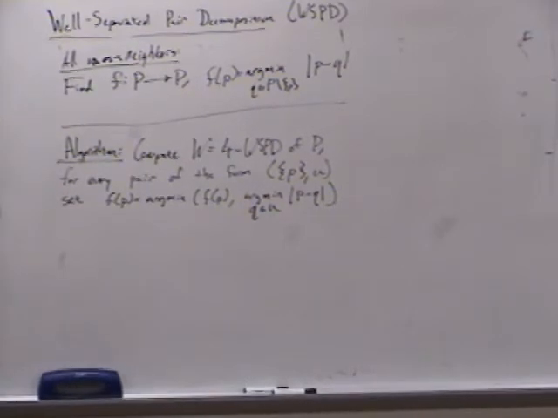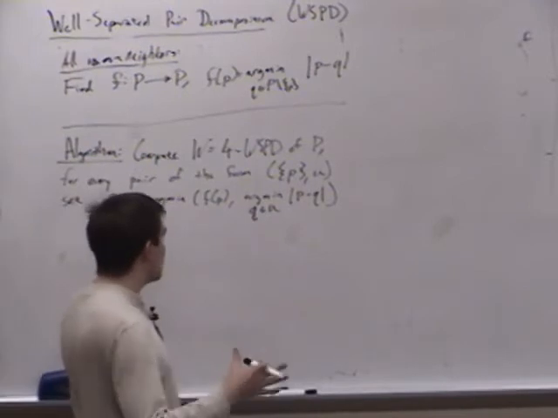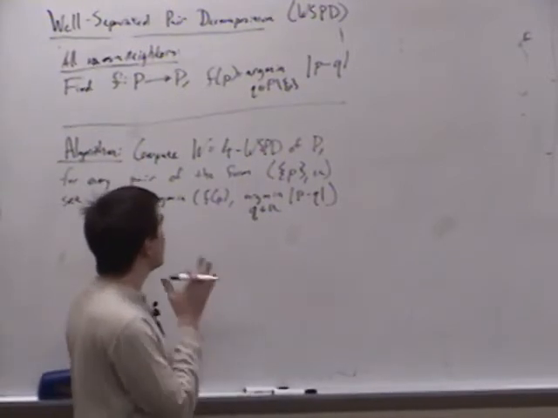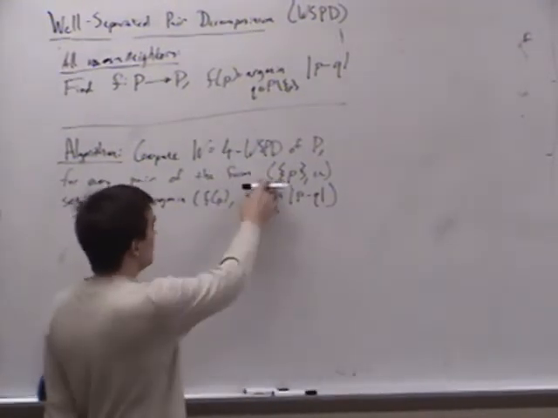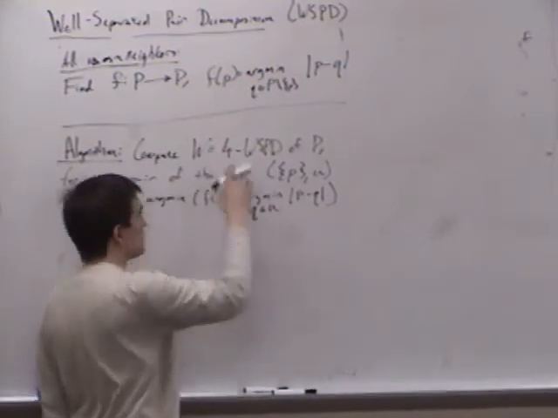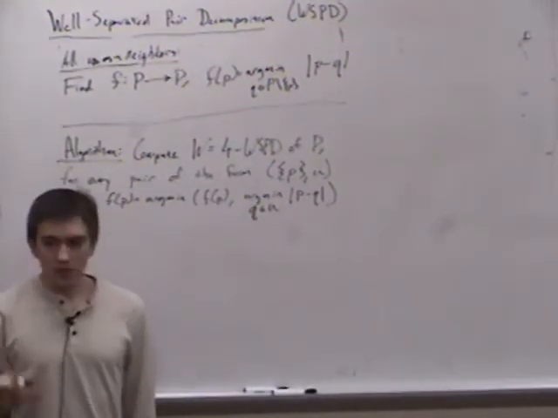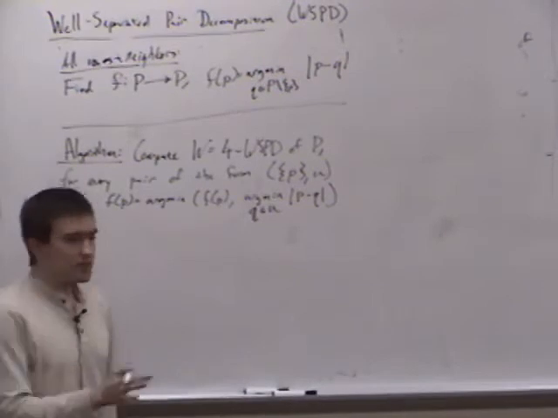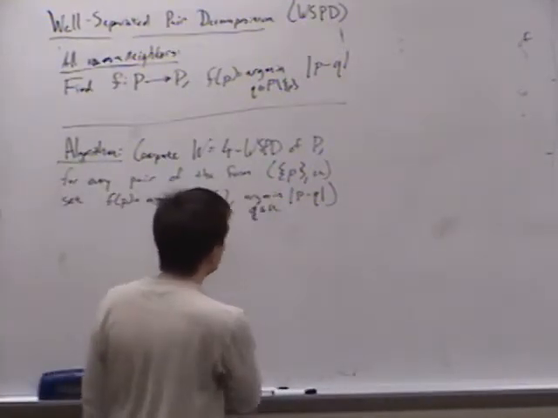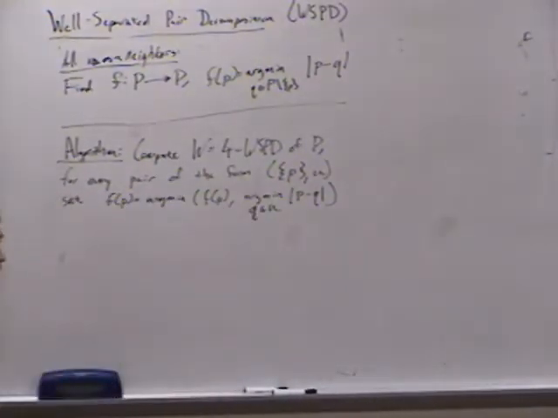Now, the first point, I think we talked about it briefly last time, is that once you build this thing, if you have a 4 well-separated pair decomposition, then there are always going to be some pairs which will have singleton elements. So every point in your initial point set will be contained in at least one singleton pair at the end of the day.